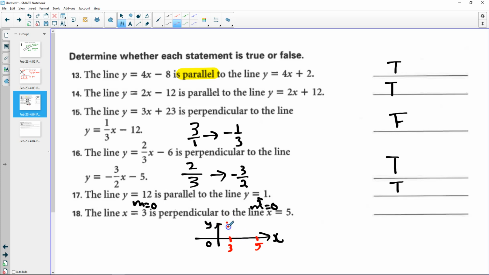That means this is going to be a vertical line, and this is a vertical line. So they're saying that these two vertical lines are perpendicular to each other? Of course not. They are parallel. If they ask you if it's parallel, then yes. So in this scenario, they are actually parallel. So false.